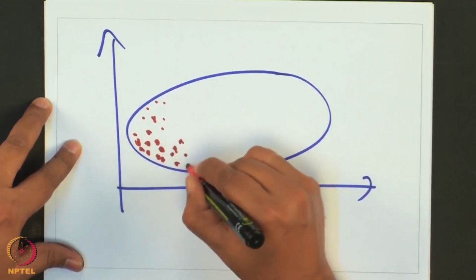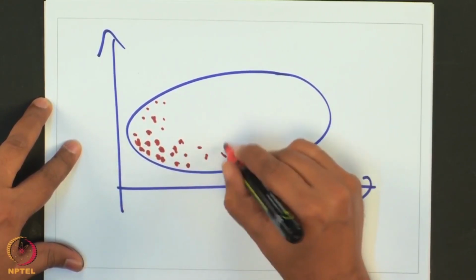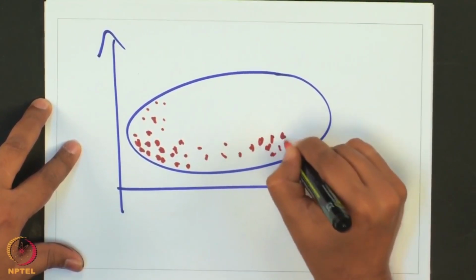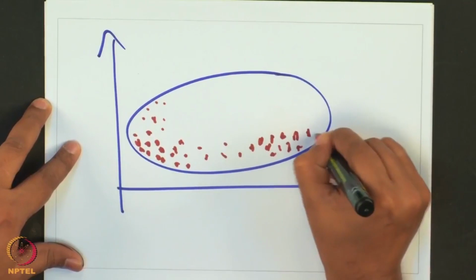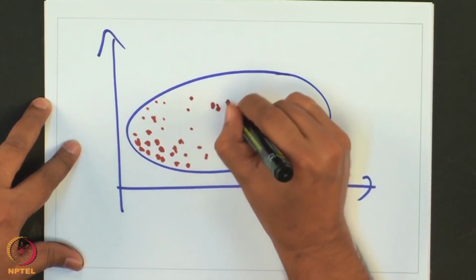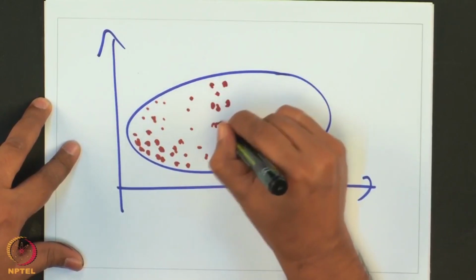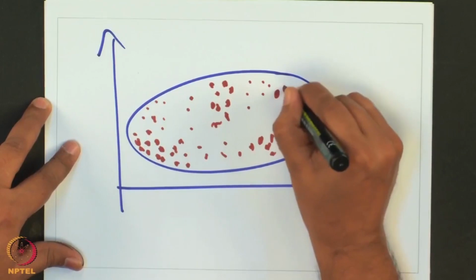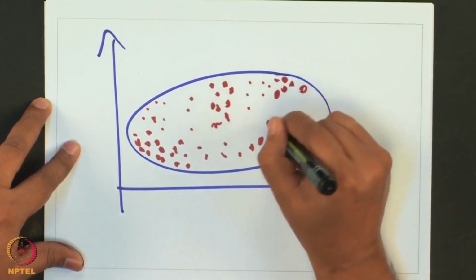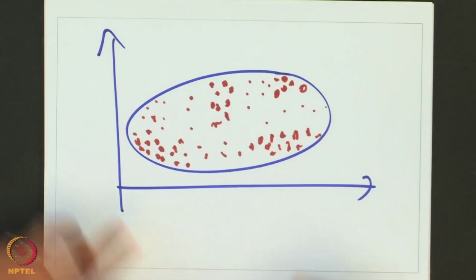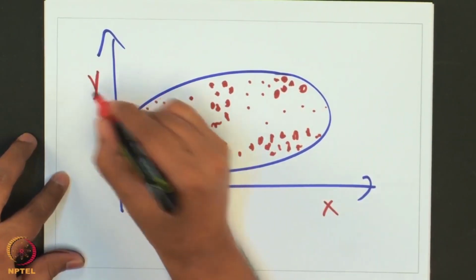It could reduce and then further increase, and also when I go along x, I could reduce and then increase here, and then again reduce to a small concentration, again high concentration here, and then small concentration here. So the concentration changes with x and y.